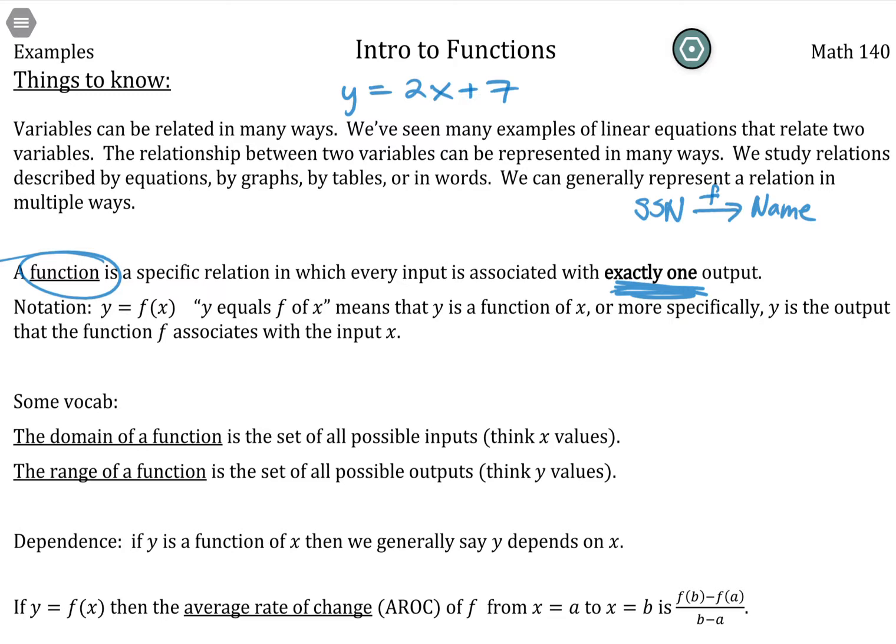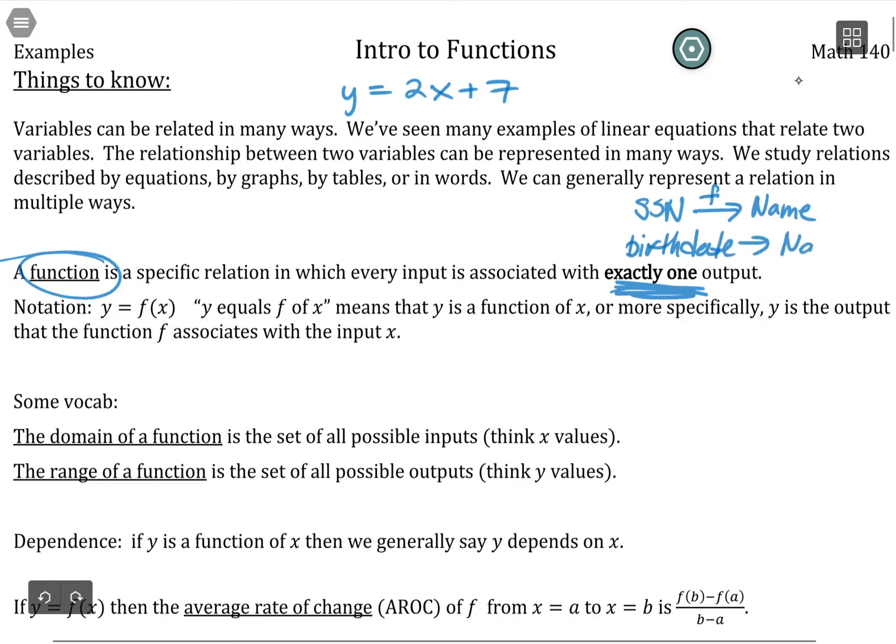So another example would be, what if we did birth date? We have a function, I'm going to call it G, that inputs a day of the year and thinks about that as a birth date, and it outputs the names of people who have that birth date.